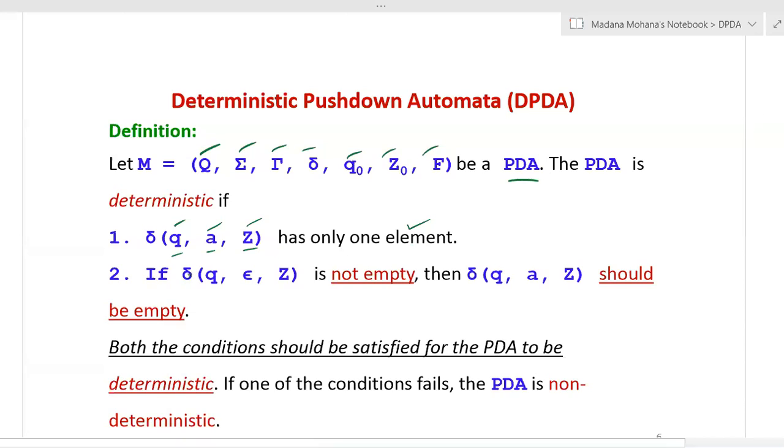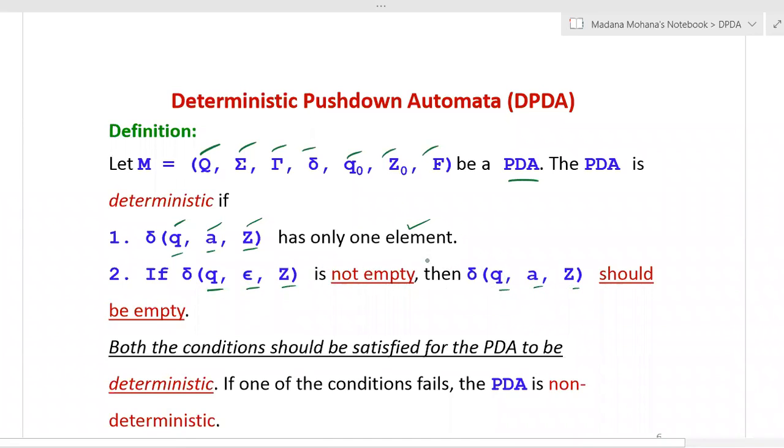Then the second condition: if delta of Q, comma epsilon, comma Z, from a state Q with empty input, that is null epsilon, with the initial symbol of the stack, is not empty, then delta of Q, comma A, comma Z should be empty.